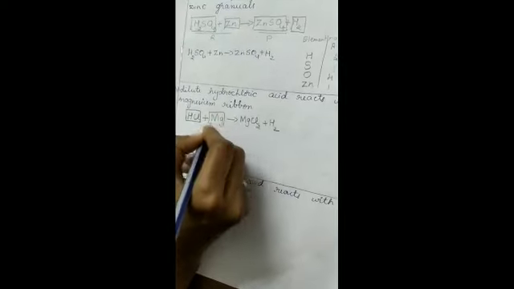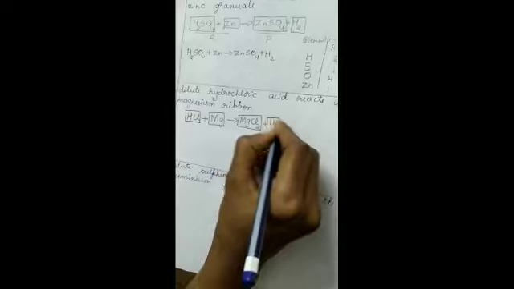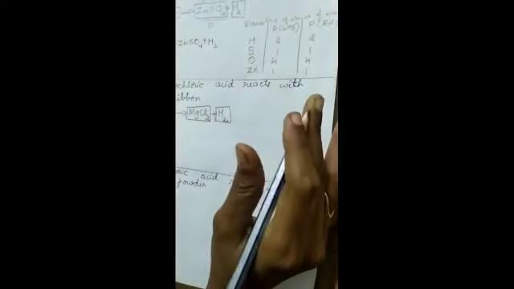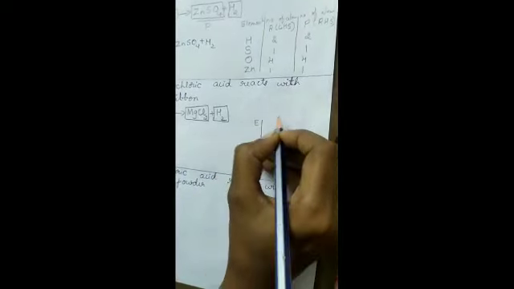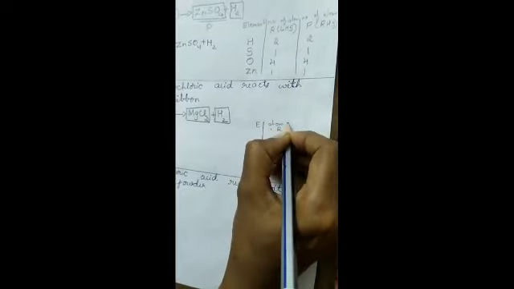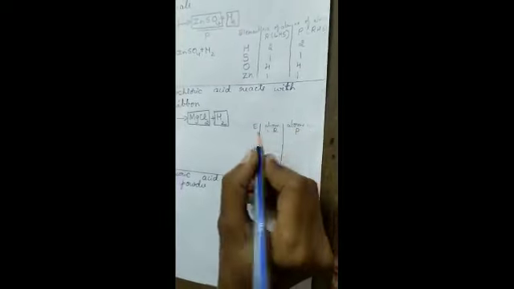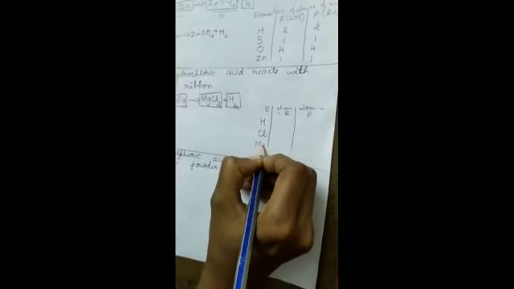Use a pencil. After that, write the number of atoms of elements in reactant as well as product. Hydrogen, chlorine, magnesium. So only 3 elements participate in this reaction.